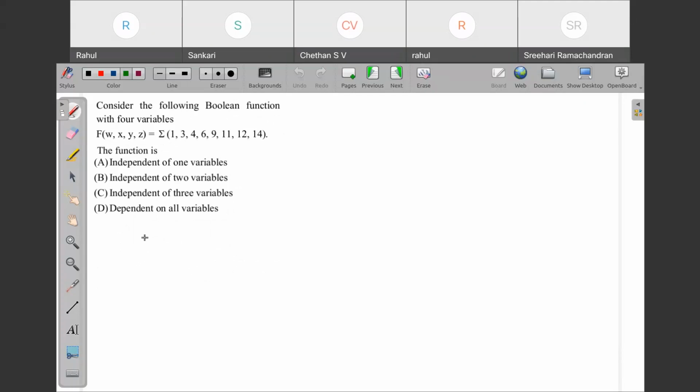So I am hoping there will not be that many concepts. Again we will be getting simple conceptual questions from sequential circuit, so that will be very important. Combinational circuit we might be able to finish in just one class. With this question we will even cover the 4 variable KMap.